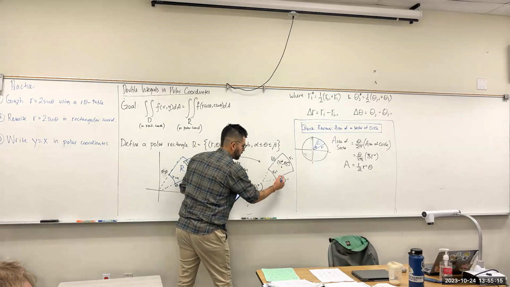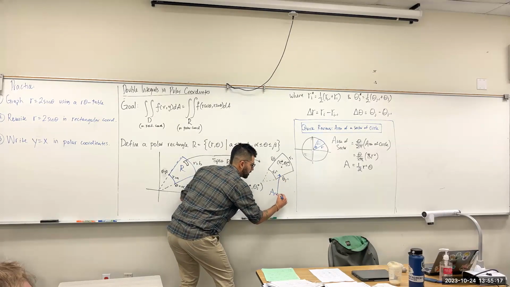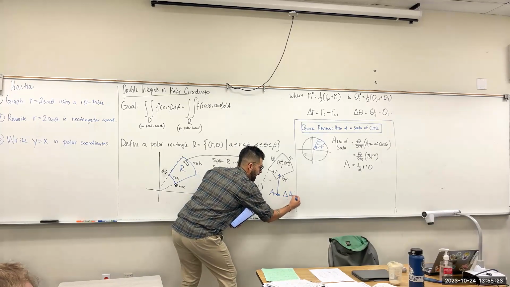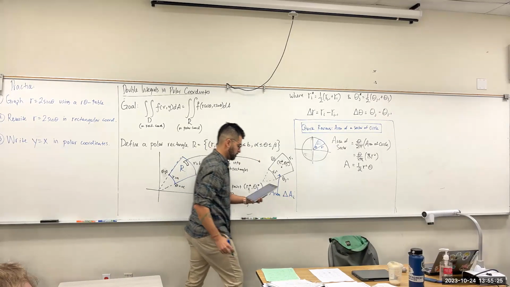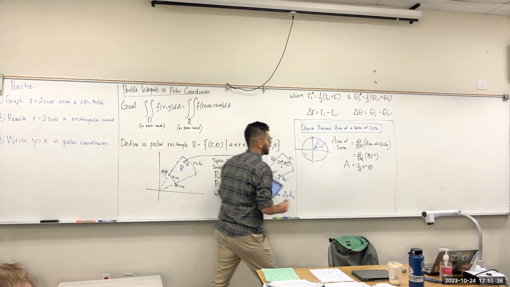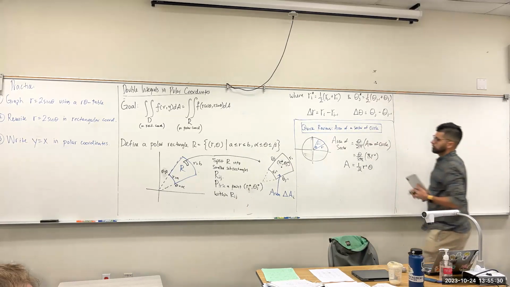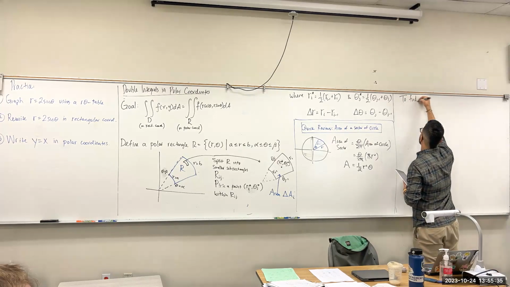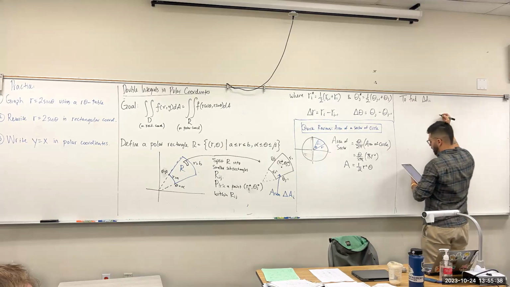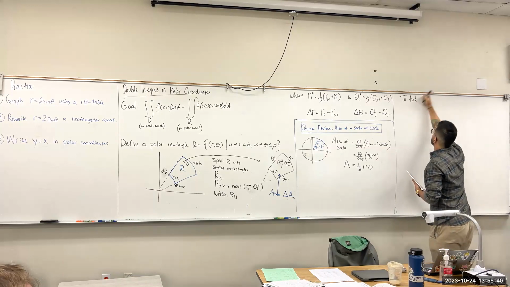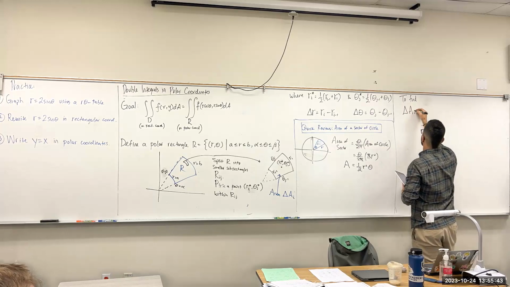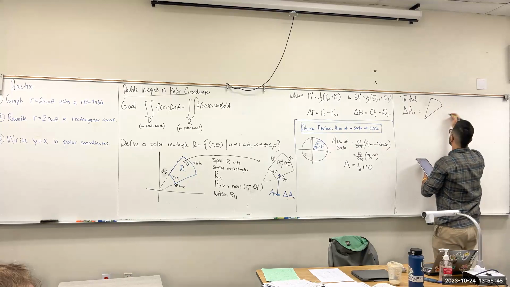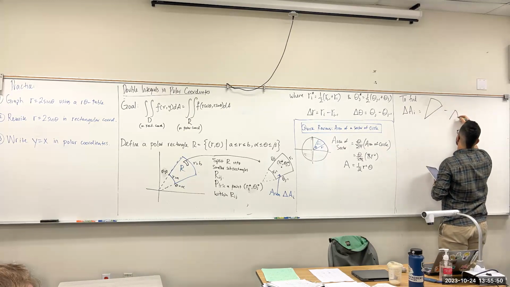So this is gonna have area, which the textbook calls delta A_i. To find that area, A_i, here's what we're gonna do. We're gonna do the big pizza slice minus the little pizza slice.